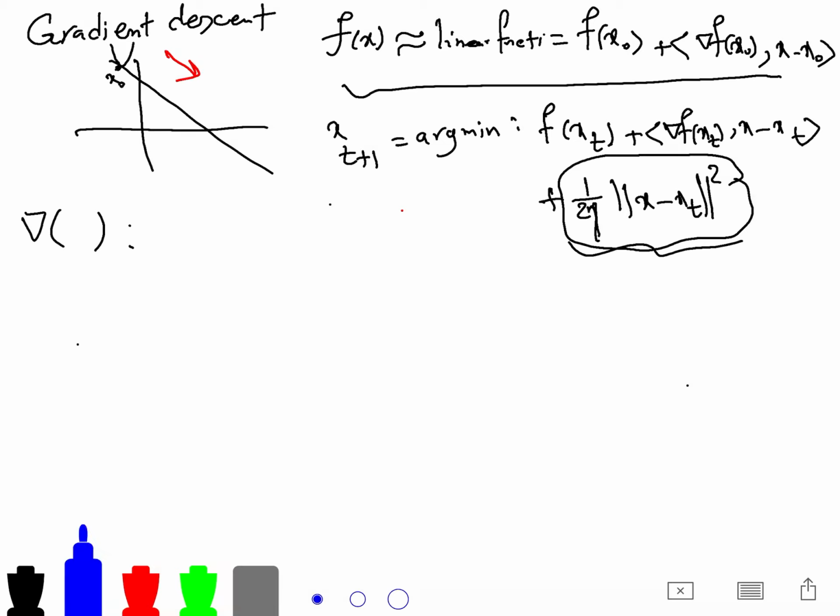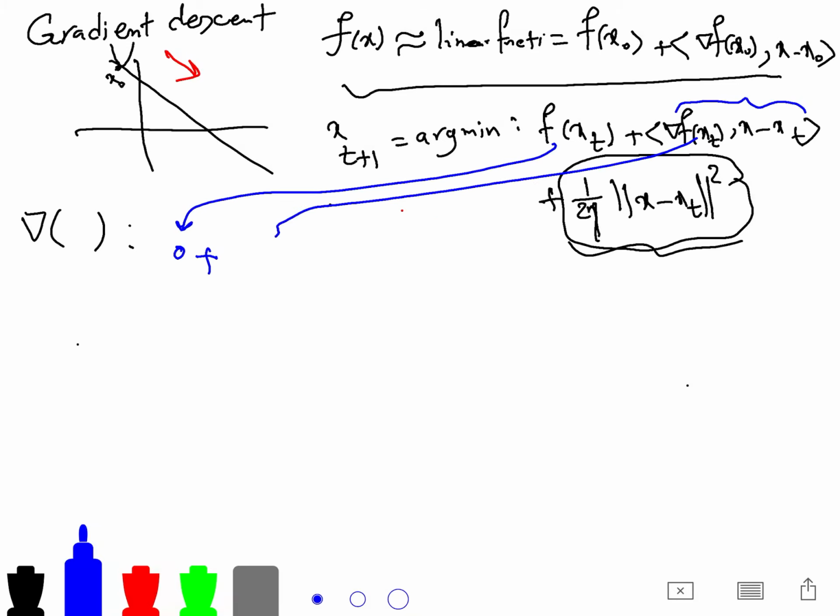You see, the derivative of the first term with respect to x is 0, plus the derivative of the second term with respect to x is gradient of f at xt, and the third term, the penalizing quadratic term, when you take the derivative, becomes 1 over eta times x minus xt, and you set the derivative to 0.